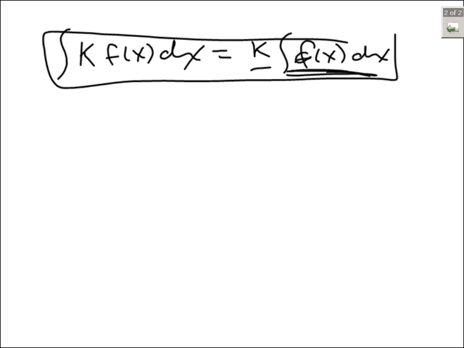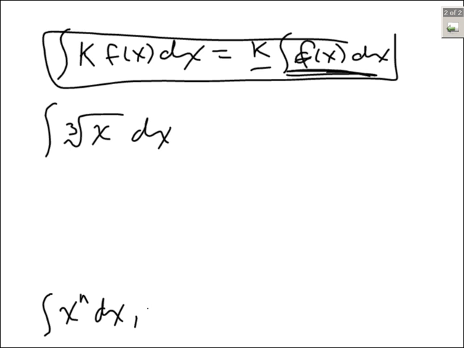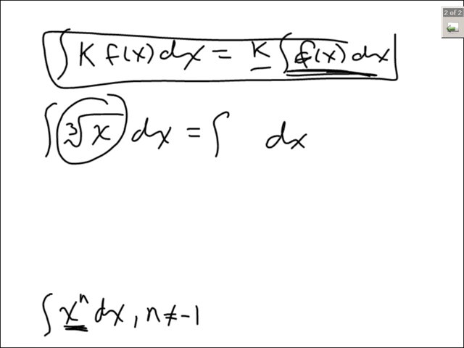So if you were asked to find the antiderivative of the cube root of x dx, well, again, you only know how to take the integral of x to the n dx, where that power is not negative 1. It's the only thing you know how to take the antiderivative of. So we better write this in this form. Well, the cube root of x is x to the 1/3.